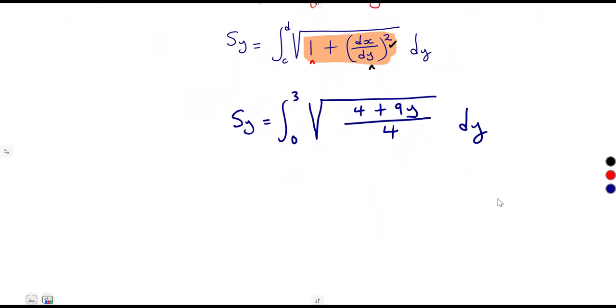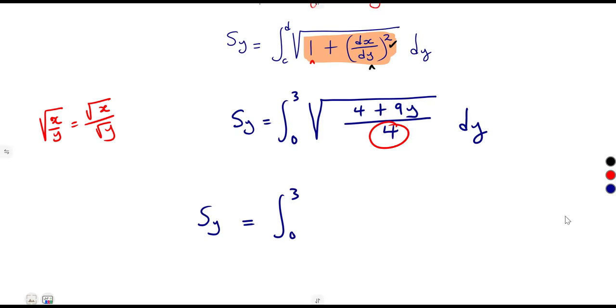How can we integrate? All right, there is a square root. So let's get rid of the square root. All right, we can simplify the square root of 4. Remember, this is a fraction. The square root of x over y is the same as the square root of x over the square root of y separately. So we can separate, find the square root of the denominator as it is a single term, that is 2.